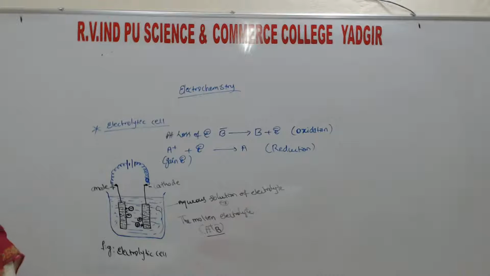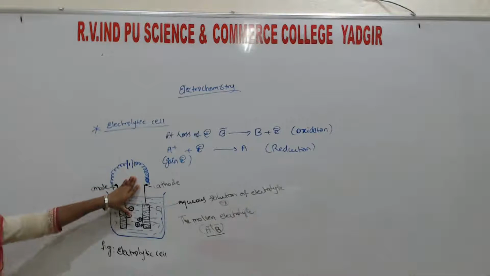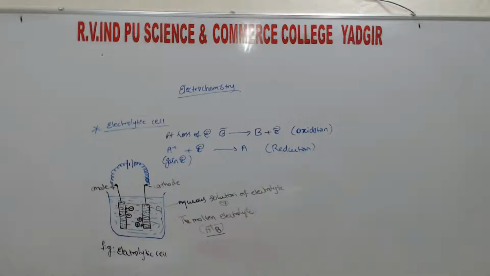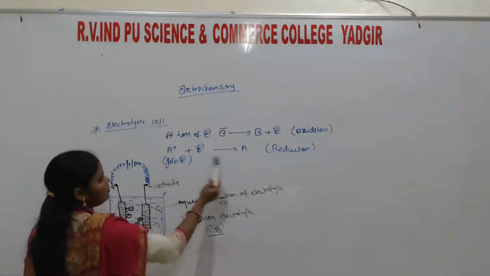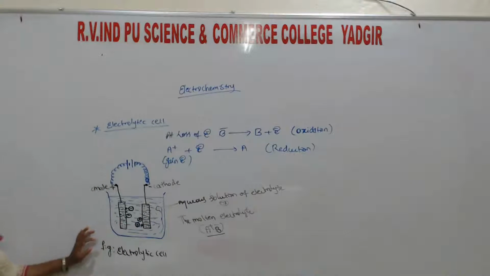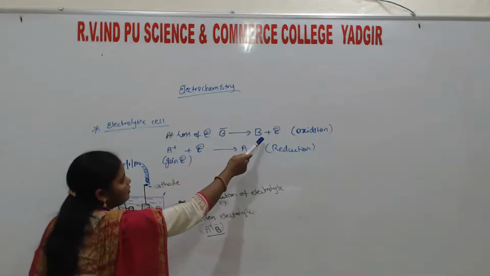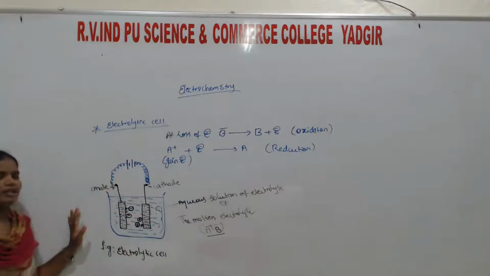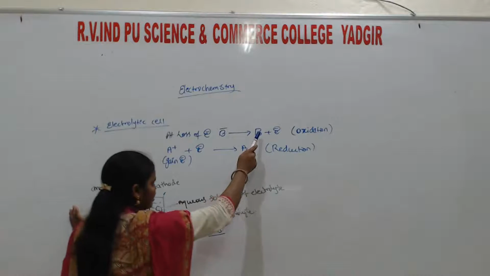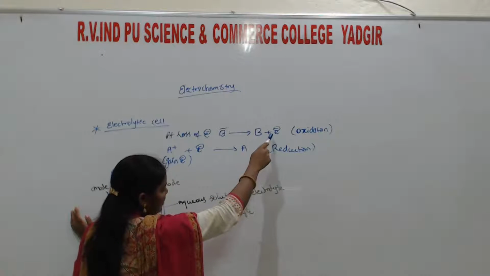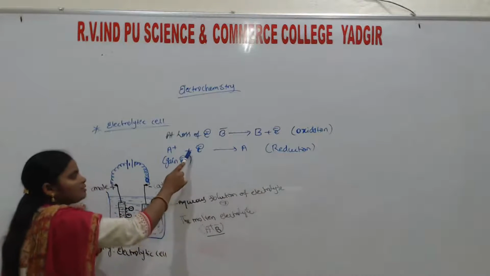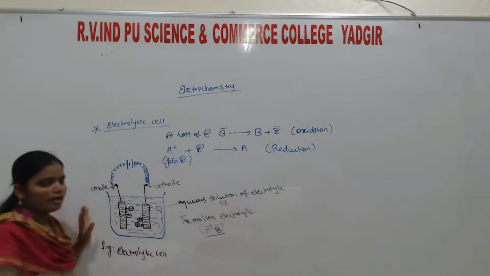Thus the redox reaction takes place on supplying electrical energy, resulting in the decomposition of the substances. Take NaCl, for example: Cl minus loses one electron to form Cl, and sodium ion plus one electron forms sodium metal.